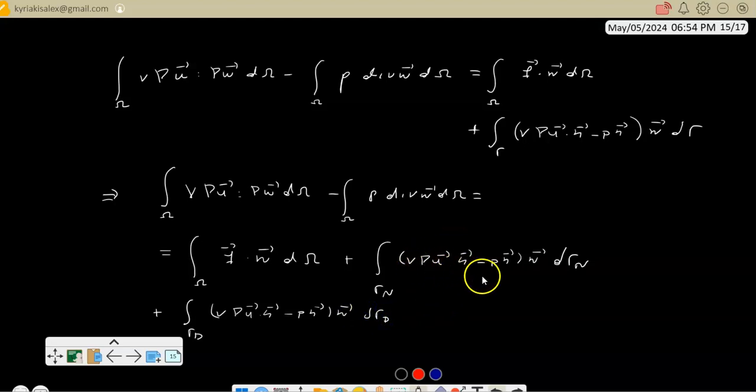Now we have imposed homogeneous Neumann boundary conditions at gamma N. So this integral vanishes, is 0, and we know that the test function belongs to H01, so it vanishes at the boundary gamma D. So from here, we only have the contribution from the integral f times w.